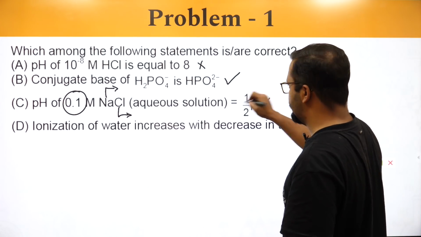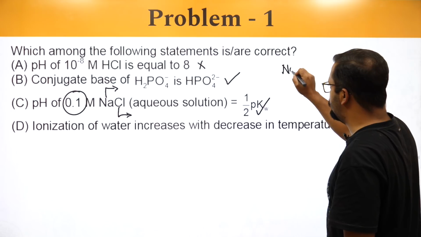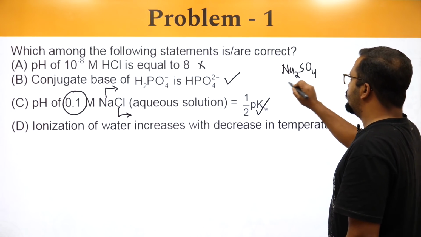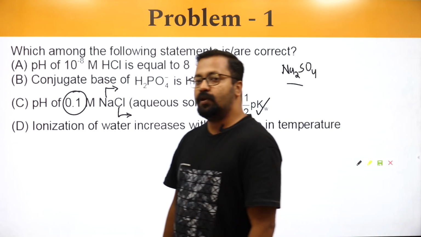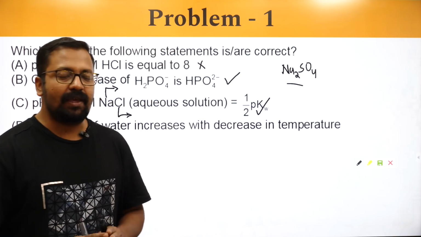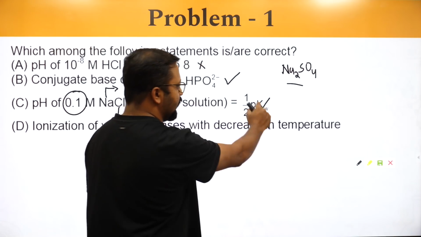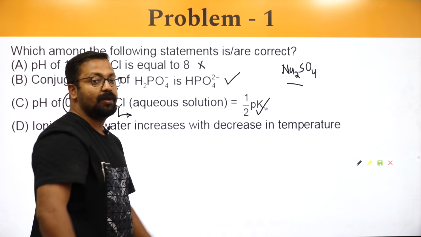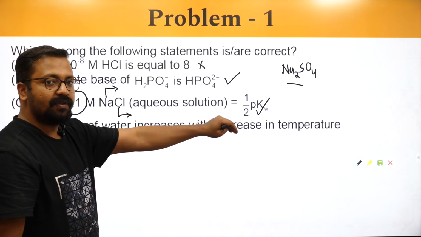So this will also be correct. A similar situation exists for Na2SO4, where the pH for any amount you take will always be equal to 7. So half of pKw, where Kw is 10 raised to minus 14, pKw is 14, so half of that value is 7.